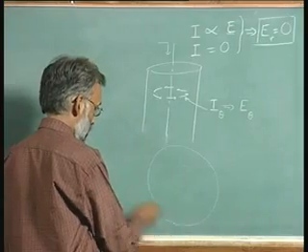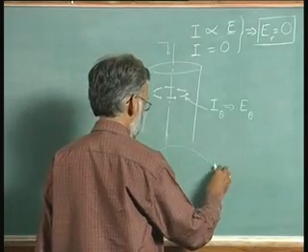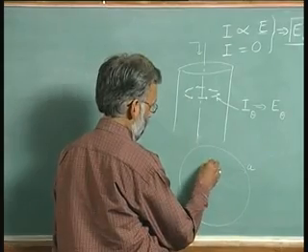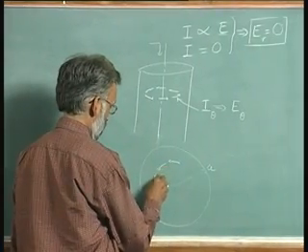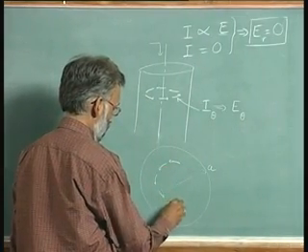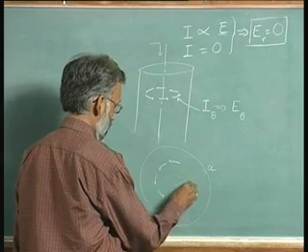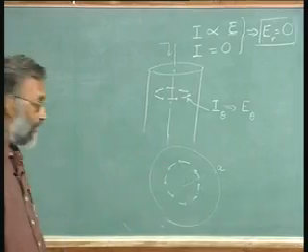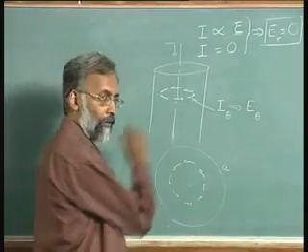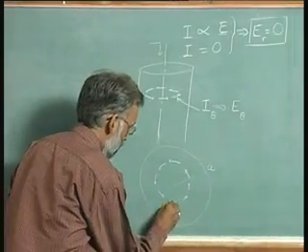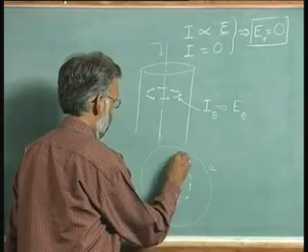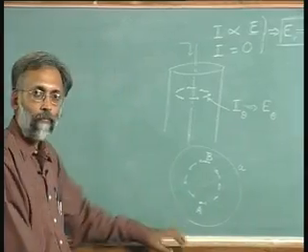I have my material radius A, and I have current that is flowing around like this. And because of that current, I have electric field that is going around like this. Now, let me choose one point here which I will call A, and one point here which I will call B.